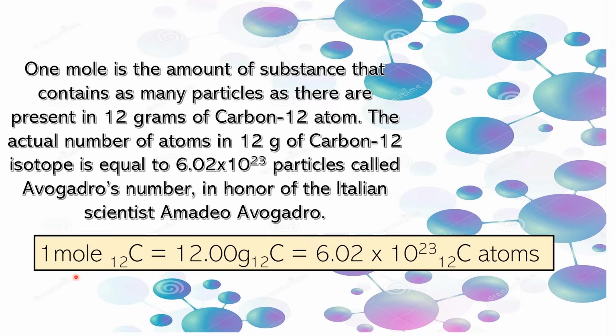So always remember that 1 mole of a carbon-12 atom is equal to 12 grams of carbon atom is also equal to 6.02 times 10 raised to the 23rd power of carbon atom.